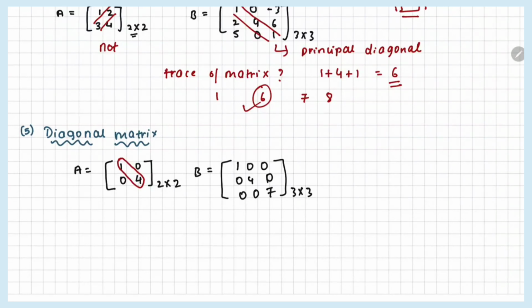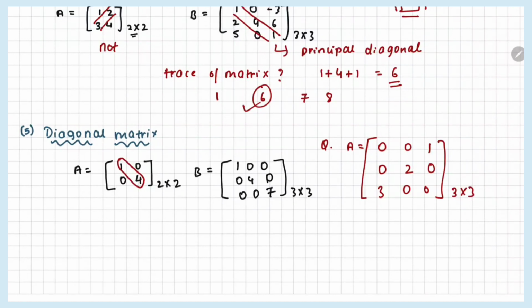Before going to the sixth matrix, I want to ask a very simple question. A is equal to 0, 0, 1, 0, 2, 0, 3, 0, 0. The order is 3 into 3.